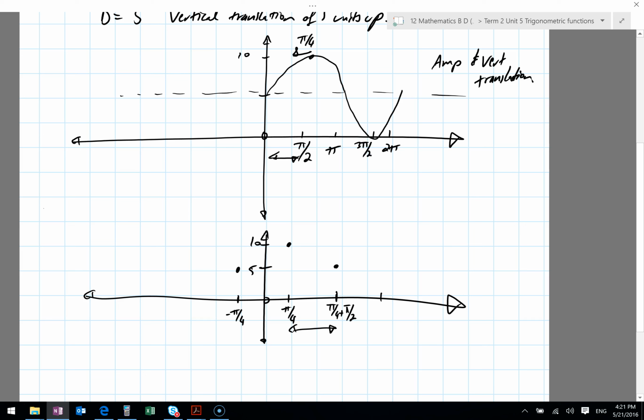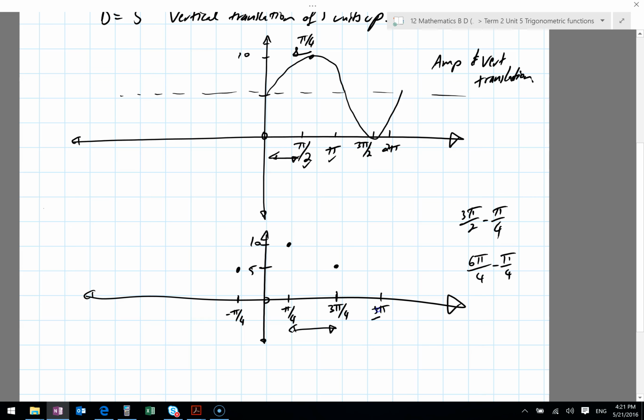Alternatively, probably easier would be just to subtract pi on 4 from each of these. So I've done it for here. Pi minus pi on 4, 3 pi on 4. 3 pi on 2 minus pi on 4, you're going to make common denominator, 6 pi on 4 minus pi on 4.